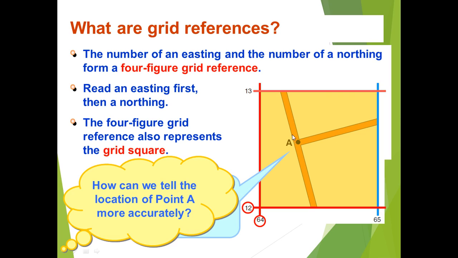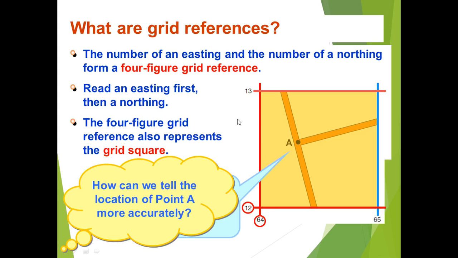Right here for location A, you can see this point has just reached 64, but hasn't touched 65 yet. So it belongs to the region of easting 64. And point A has passed northing 12, but hasn't reached 13 yet. So it belongs to the region of northing 12.